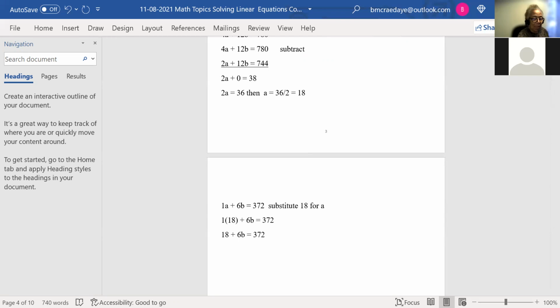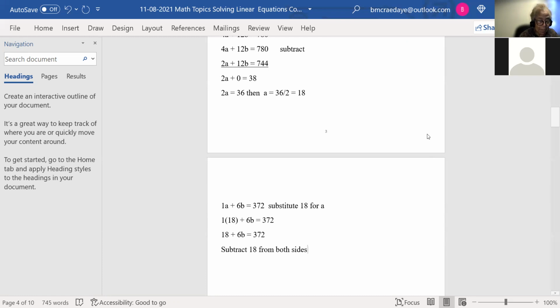Subtract. Subtract what? 18 from both sides. That's it. Very good, Maureen. Subtract 18 from both sides.